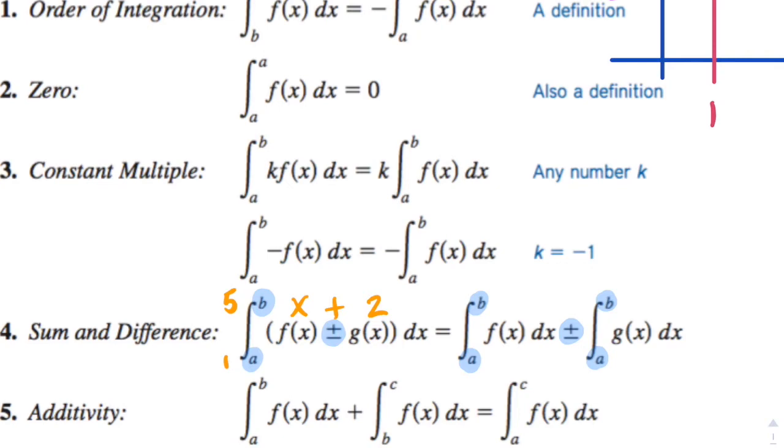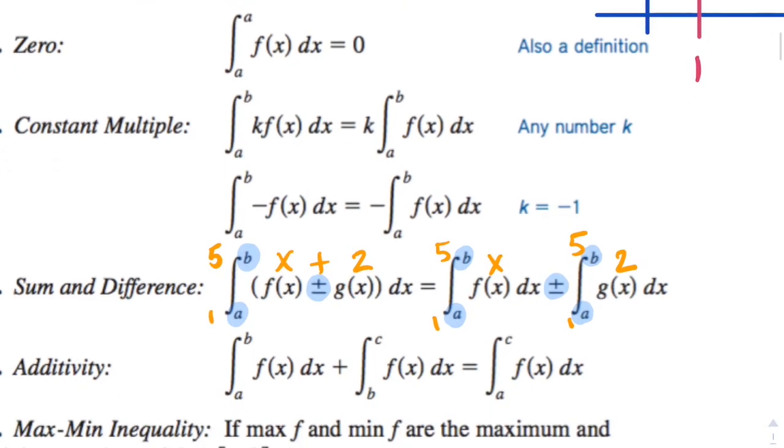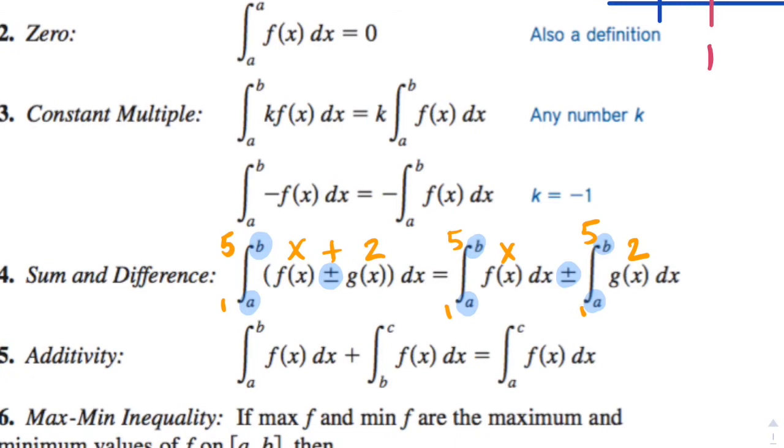Then I'd be able to separate them and find just the integral of x, and then just the integral of 2, as long as my bounds stay the same. So the area of them combined would be the area of them separated, as long as they have the same limits of integration.